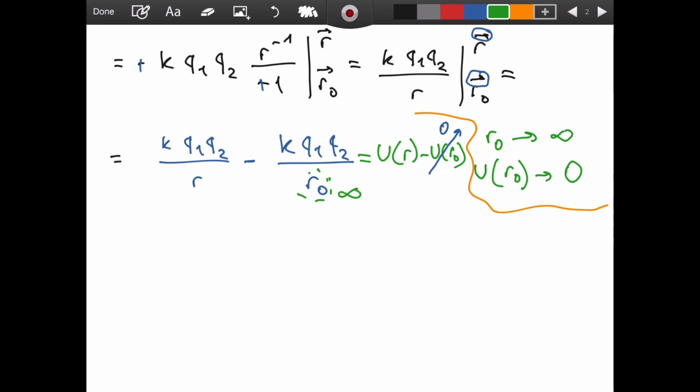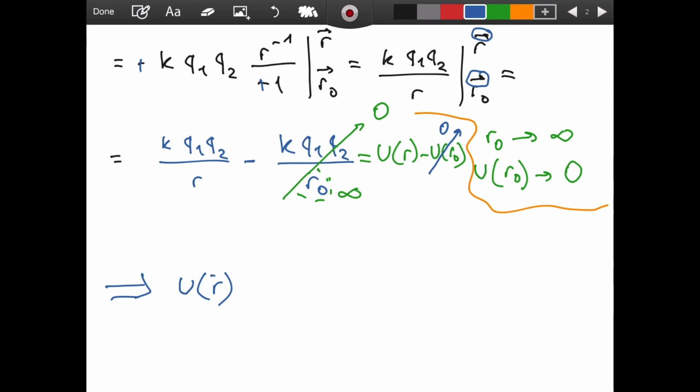Well, if we divide by a huge number, what do we get? We get a very tiny number. So we basically get 0 in the limit. This goes to 0. And look at this. We now have a formula for the electric potential energy at a point r.